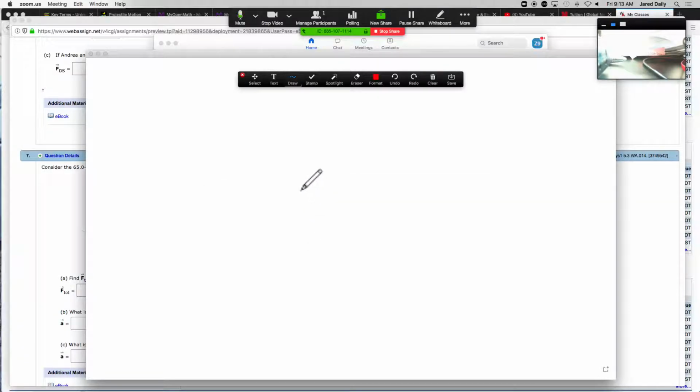So here's the diagram they gave you in the homework. For your free body diagram, you'd make your coordinate system, x and y. Normally we'll put our object of interest, in this case the skater, at the origin, and then we'll draw our forces.